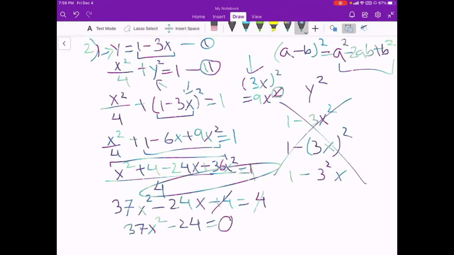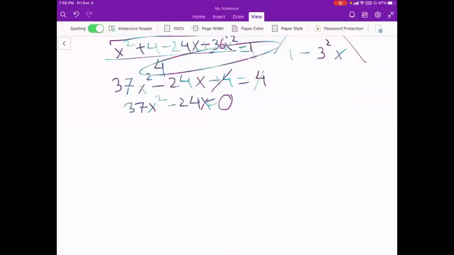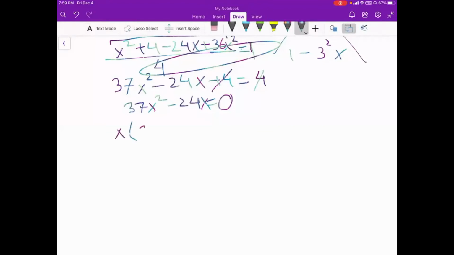Well, now you can't really do much except factoring. And the way you factor this is by using GCF factoring. In here, my GCF is nothing fancy, just the variable x.